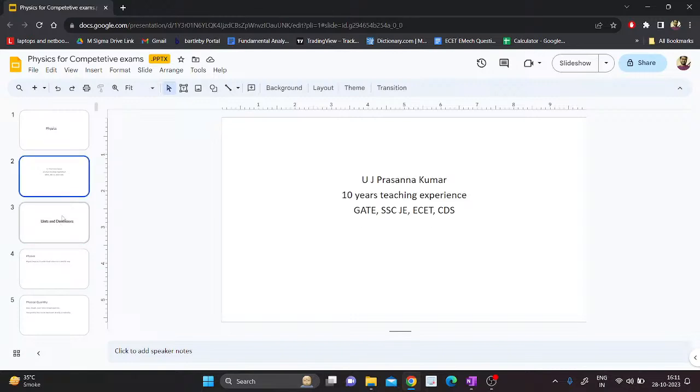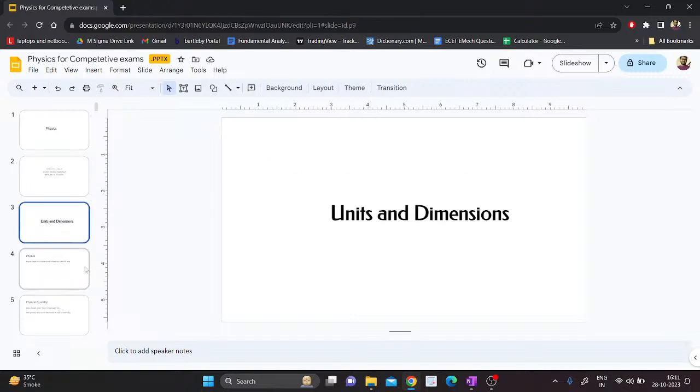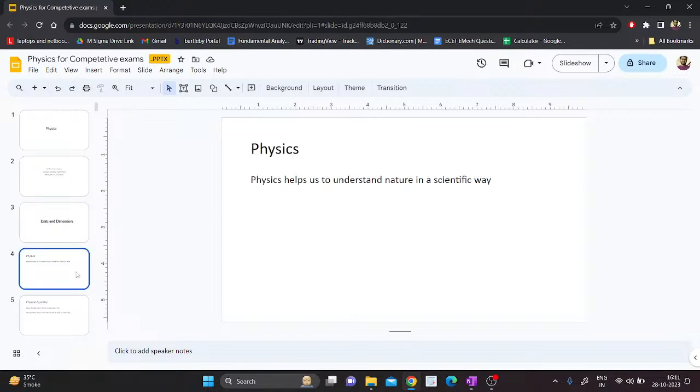Fine, so let's start with the subject of physics, and where units and dimensions come in. Units and dimensions came from the way we understand and apply physics. So what is physics? In olden days, people had the habit of observing nature, and they behaved according to what happened in nature.